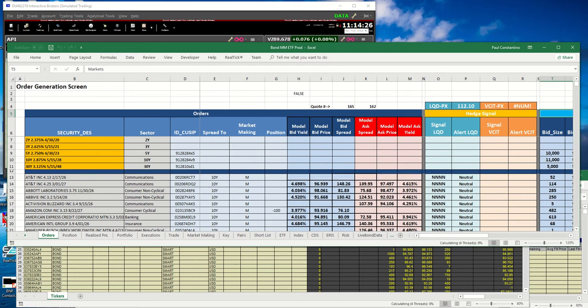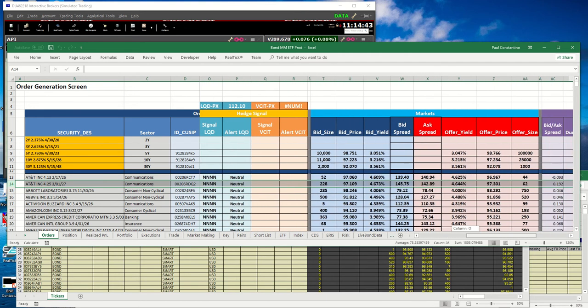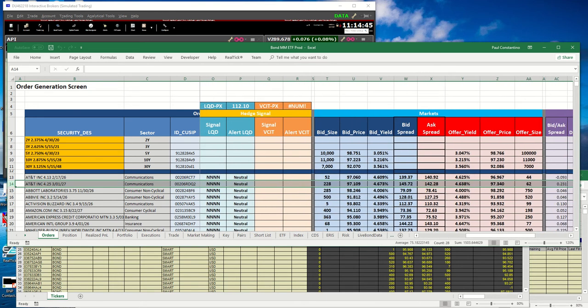Well, the bid just faded on the AT&T 4 1/8 of 26. Again, this is an automated trading model. If we go to the 4 1/4 of 27, we see a bid of 96,939, an offer of 97,485. Those are my model prices. If you look at the market itself, the market is 97,109 to 97,34.